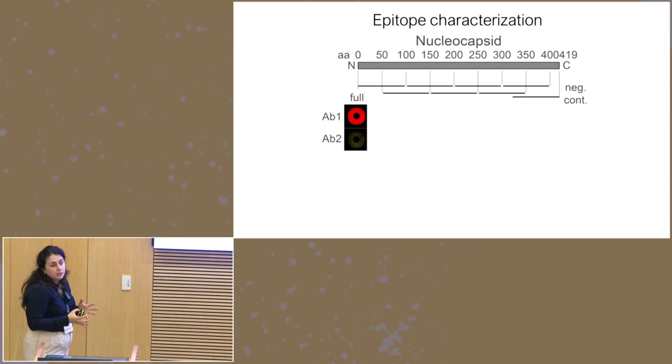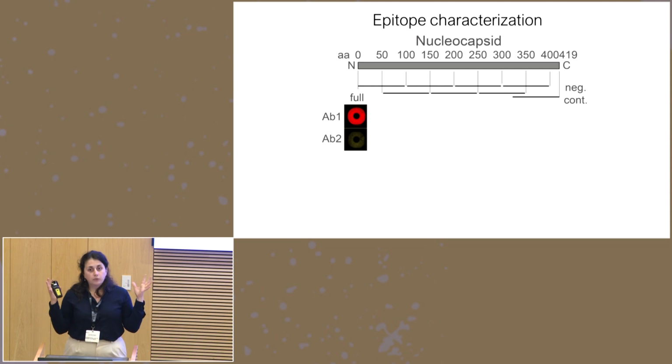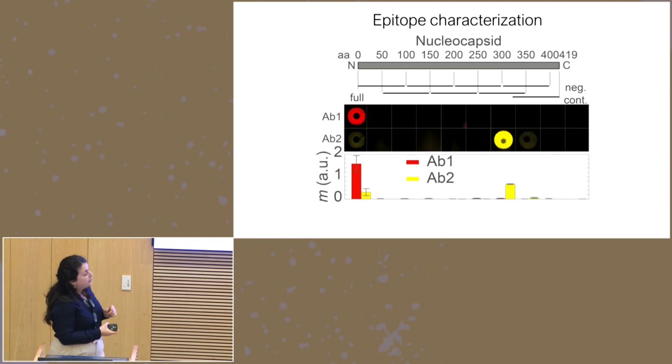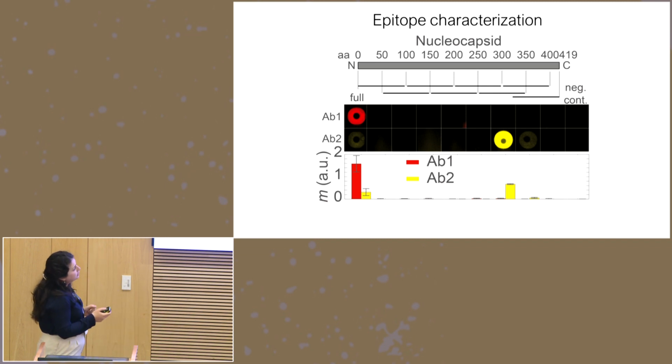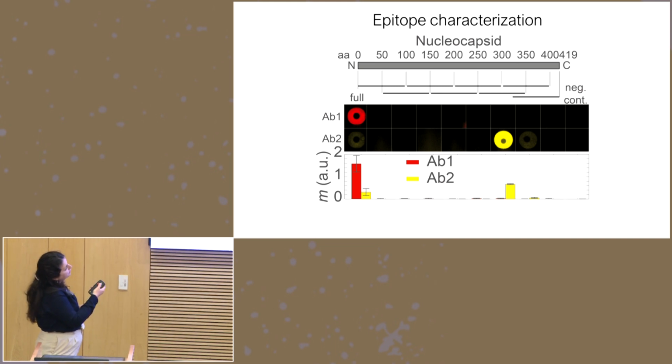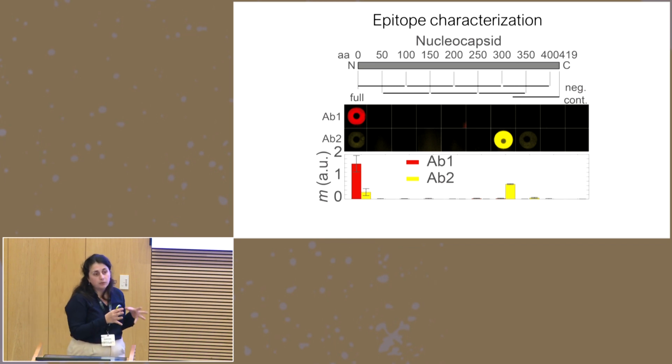We then come with two antibodies that we know bind the full nucleocapsid, and we ask, do they also bind the smaller regions? And the answer is antibody dependent. So we see that one of the antibodies we tested only binds the fully formed protein, whereas another antibody recognizes very strongly a subregion between amino acid 250 to 350.